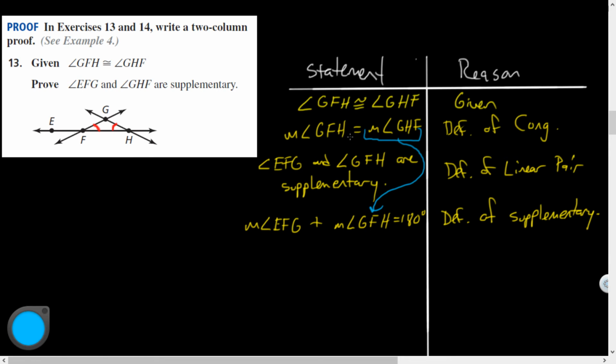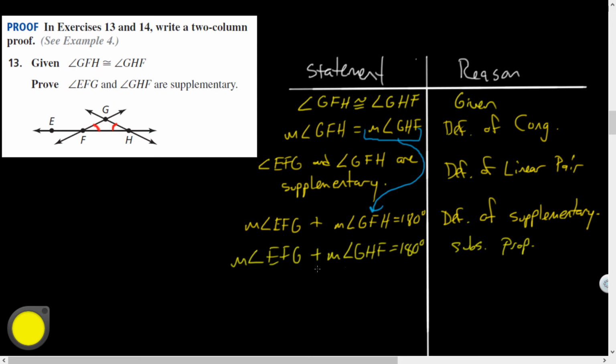If these two things are equal, I can substitute them at any time. So I'm going to say the measure of angle EFG plus the measure of angle GHF is equal to 180. The reason that's true: substitution property, technically of equality, but in that case, it doesn't matter.